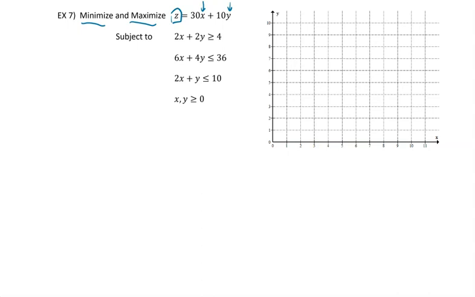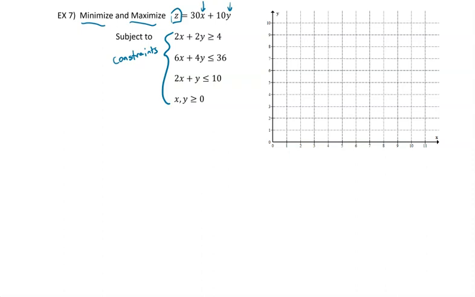All right? Subject to, these are called constraints. These are rules that are placed on x and y.